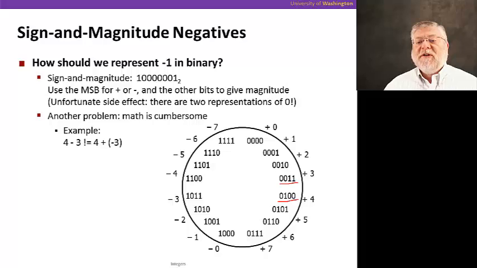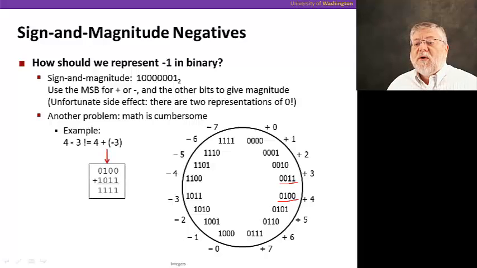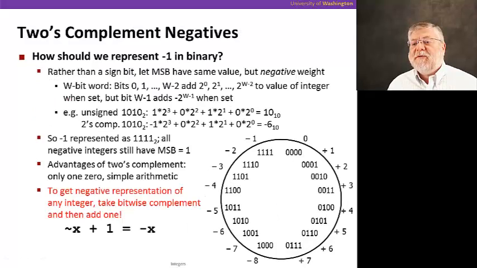But now if we look at 4 plus minus 3, which should yield the same result, we see that in fact 4 plus a -3 yields -7. Well, that's not the same as 1. So we now would have to worry about the order in which we do the additions and subtractions.